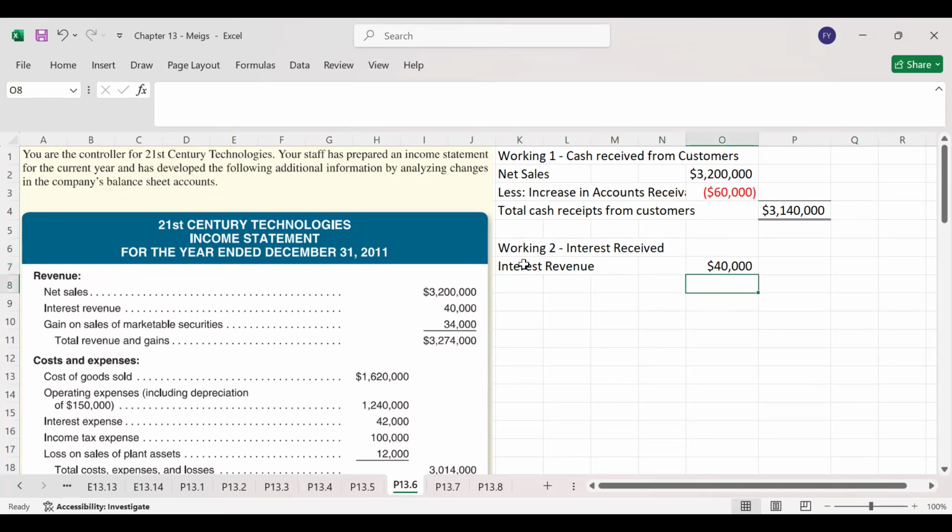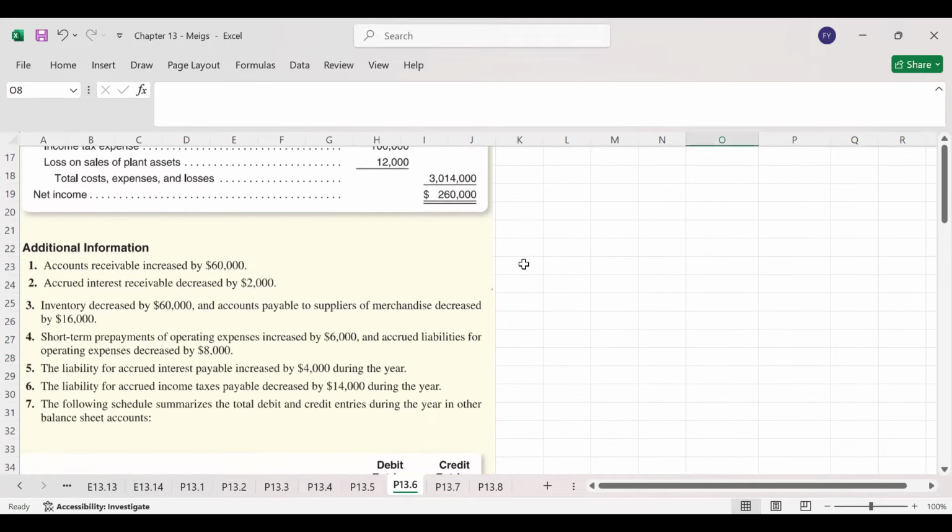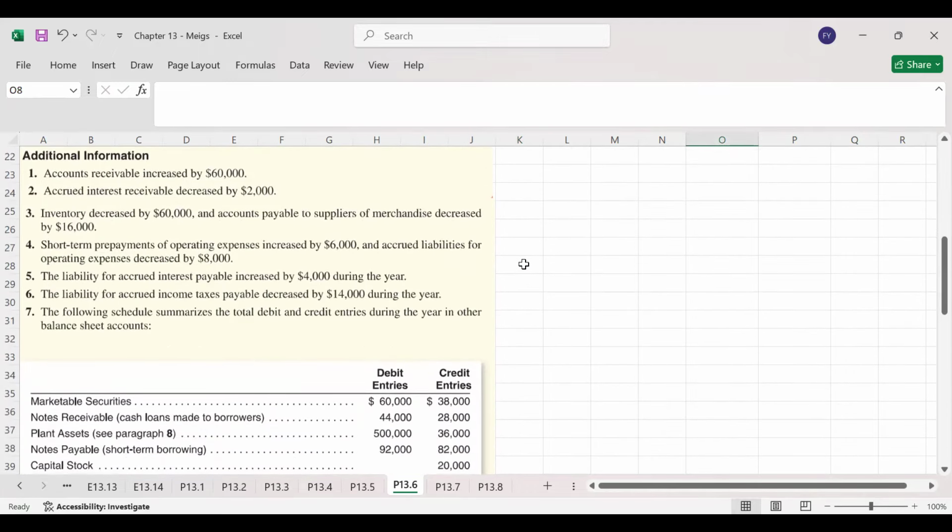And we are going to adjust if there is any increase or decrease in accrued interest receivable. We can check it here. This is the additional information number 2. Accrued interest receivable is decreased by $2,000.